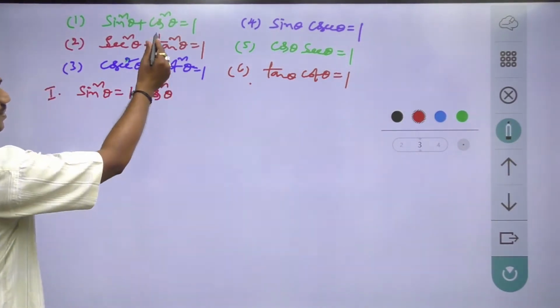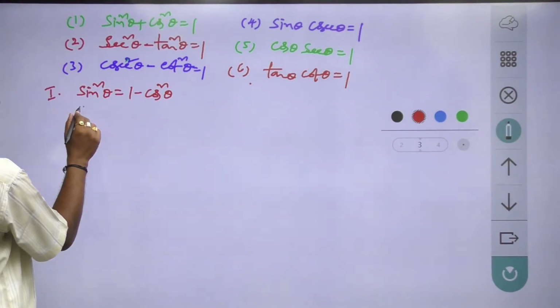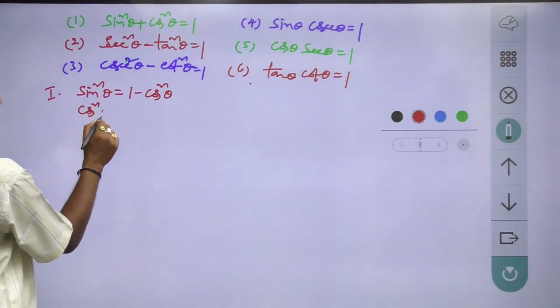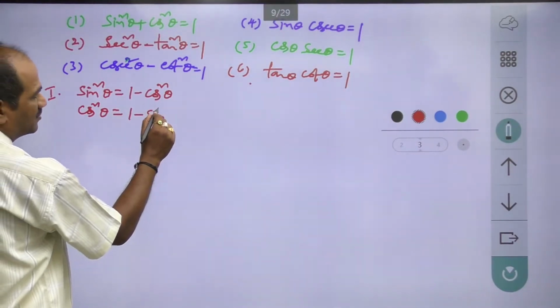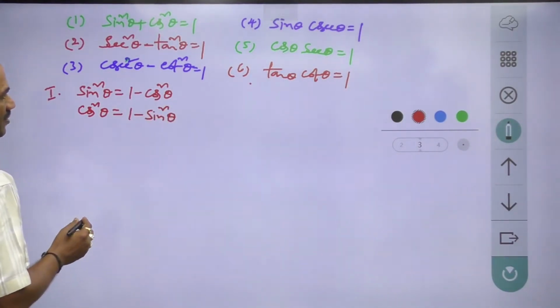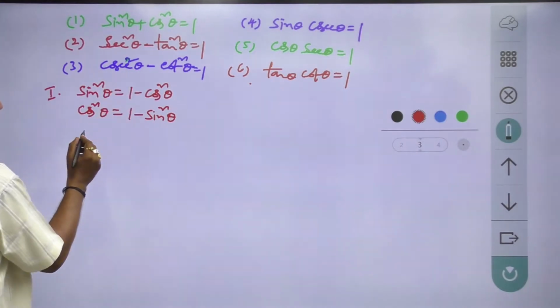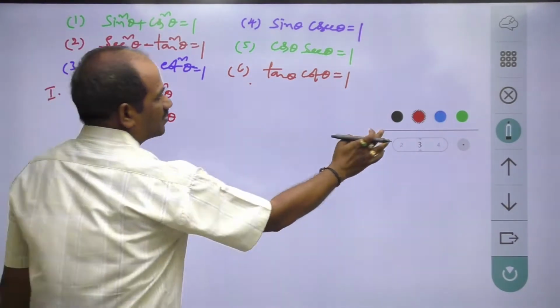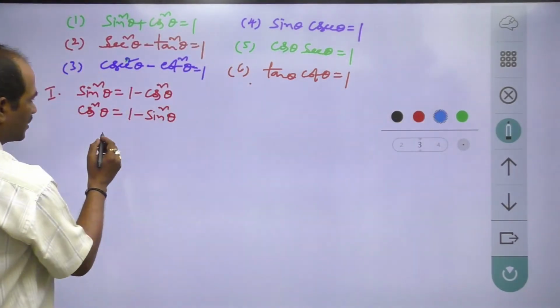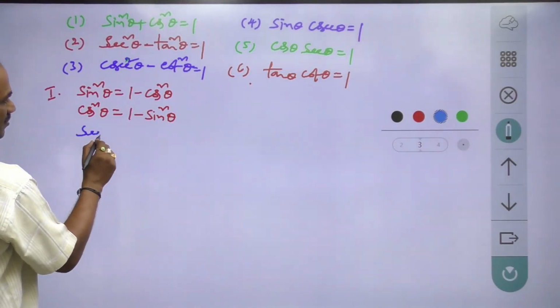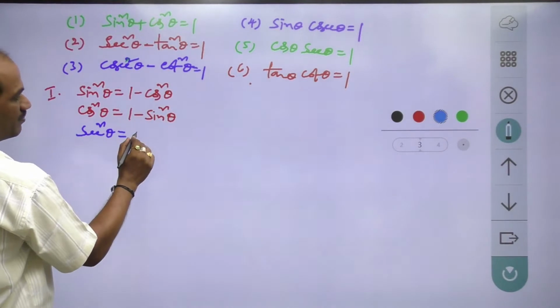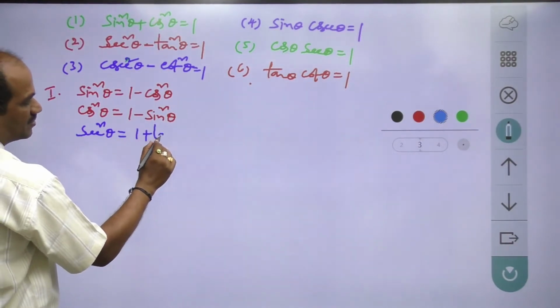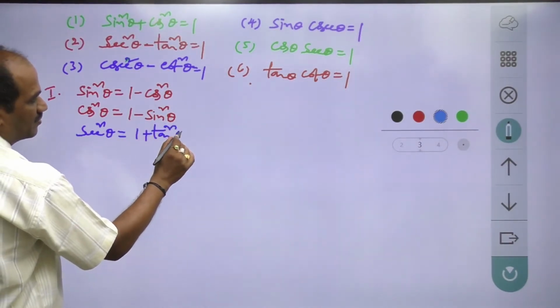Cos square theta is equal to 1 minus sin square theta. Next, the second one: secant square theta is equal to 1 plus tan square theta.